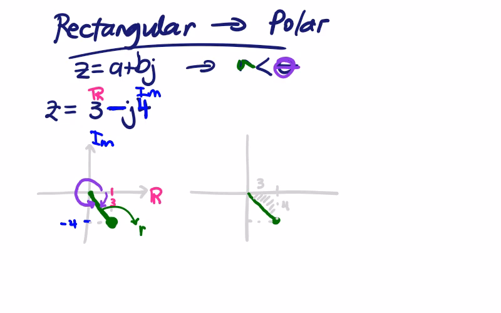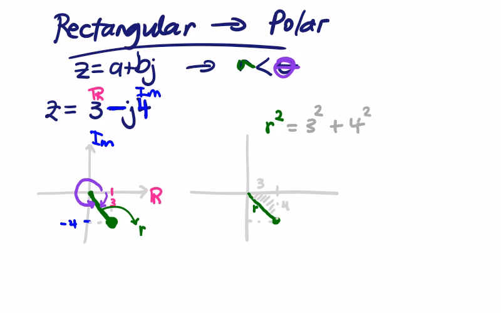So how do we discover that? Well, all we need to do is use the theorem of Pythagoras here. So if we are calling this measurement r, we could say r squared will equal the sum of the squares of each one of those segments.